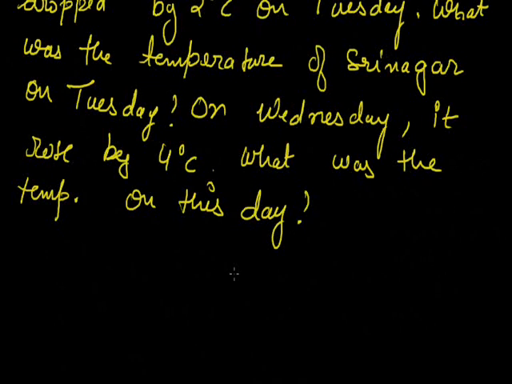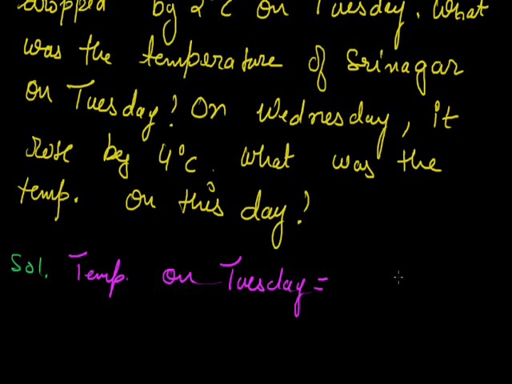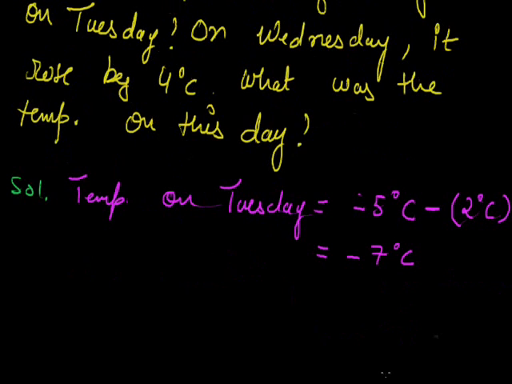So for the first part, you can simply say temperature on Tuesday will be equal to minus 5 degrees centigrade minus, since there is a drop of 2 degrees centigrade, minus 2 degrees centigrade. So the final temperature will be minus 5 minus 2, that will be minus 7 degree centigrade. So the temperature on Tuesday will be minus 7 degree centigrade.